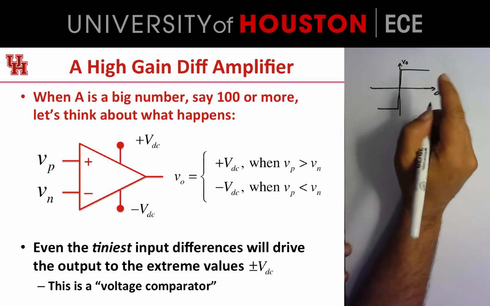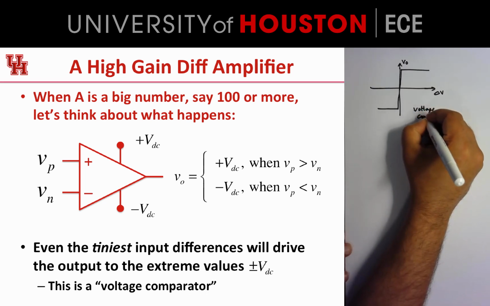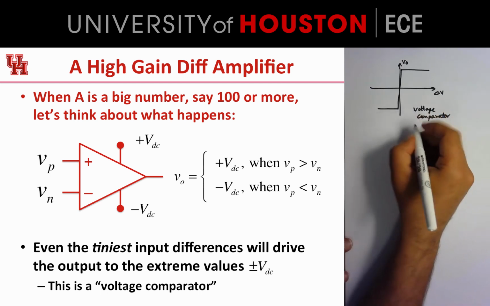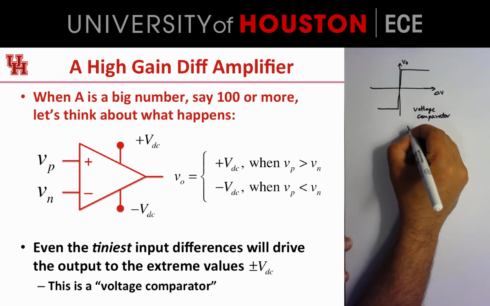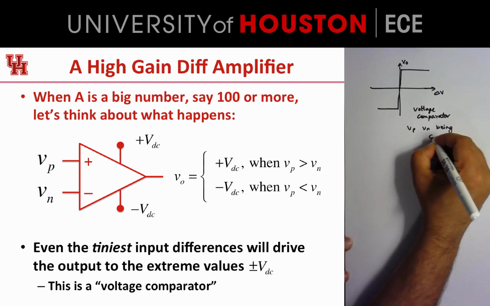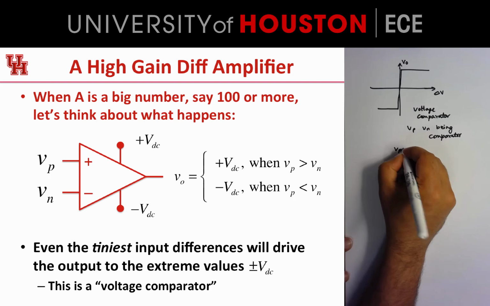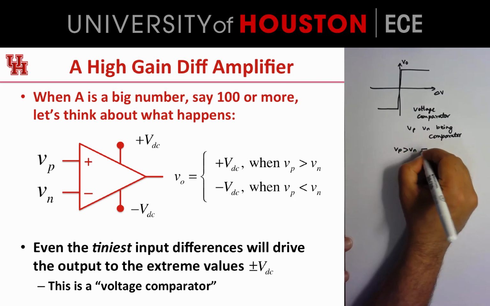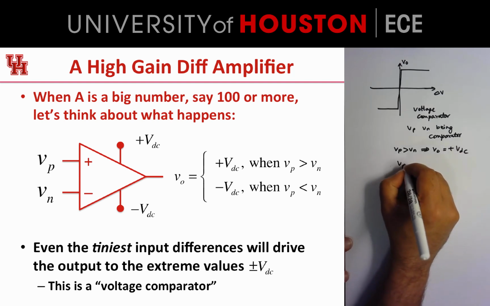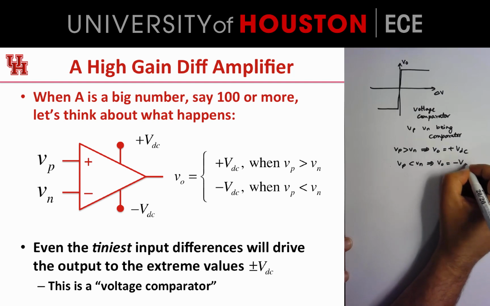In this kind of configuration, we call it a voltage comparator, for the obvious reason. The two voltages being compared are Vp and Vn. If Vp is greater than Vn, then the output voltage is going to be plus VDC.